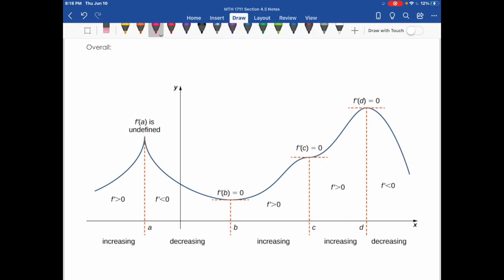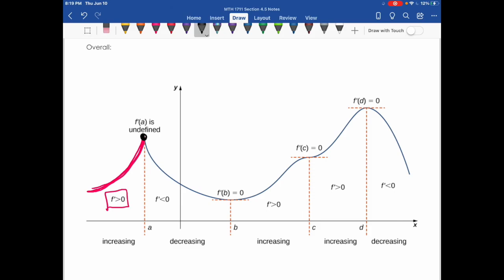So overall, on this last page of the notes, we see a really neat graph that shows you all different features of the graph. If I trace this left to right, this interval right here in pink is increasing, so the first derivative is positive because all the tangent lines on that interval have a positive slope.